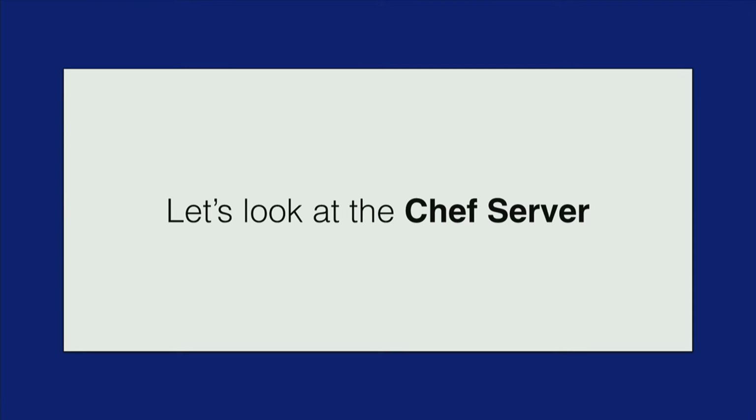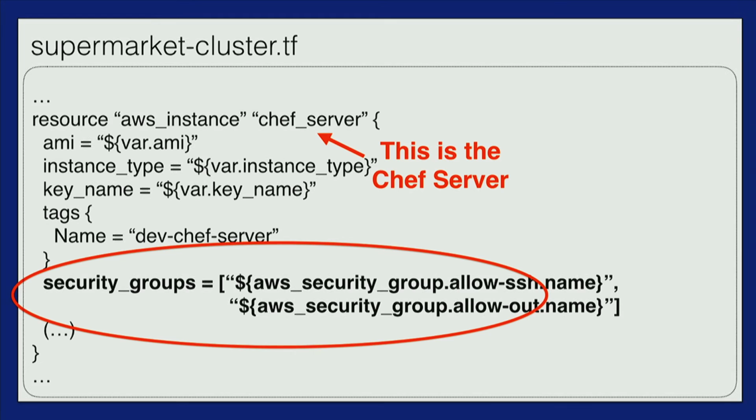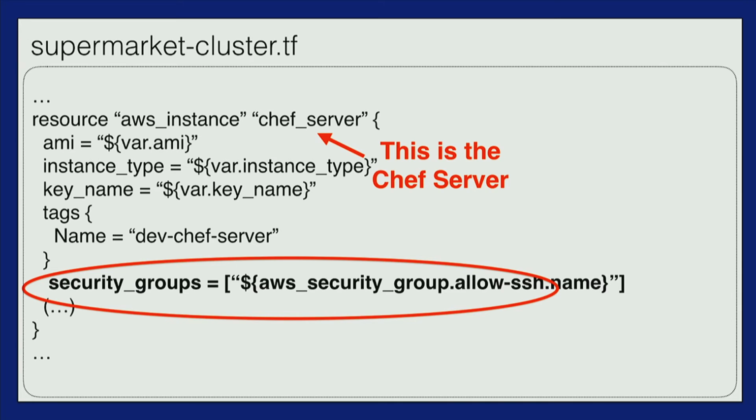So let's head on back to our chef server resource, and let's take a look at the line where it's assigned to those security groups. So we're going to say that we need to condense this from using those 2 security groups to using just the one we have defined in our config at this point.